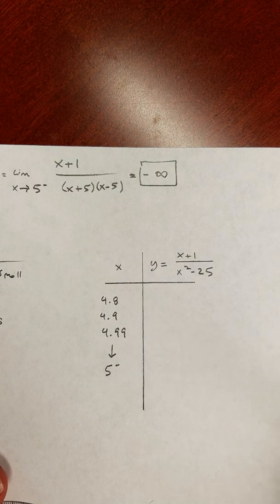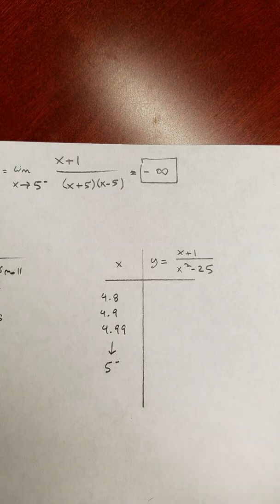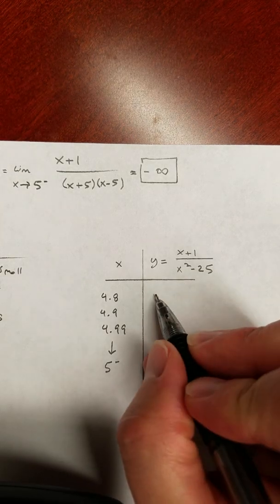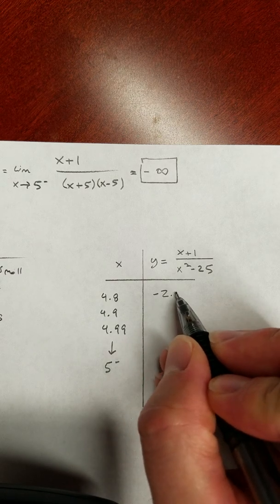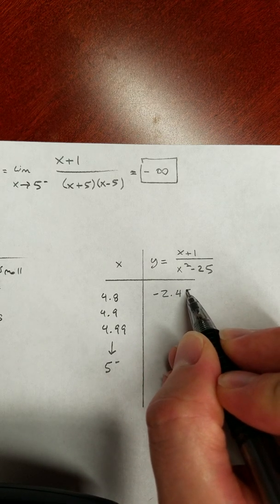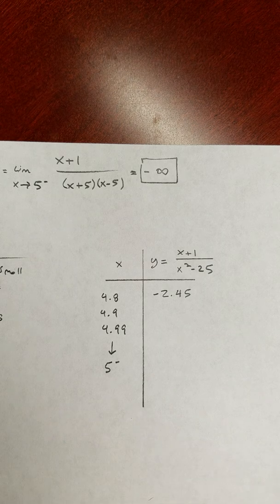So let's see what we get. 4.8 divided by 4.8 squared minus 25. The first number turns out to be about negative 2.45 with some rounding. That's roughly what you get.